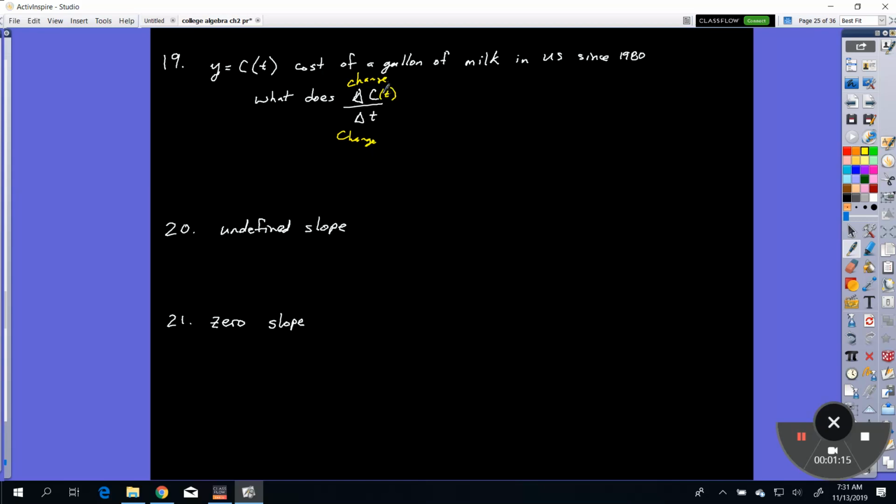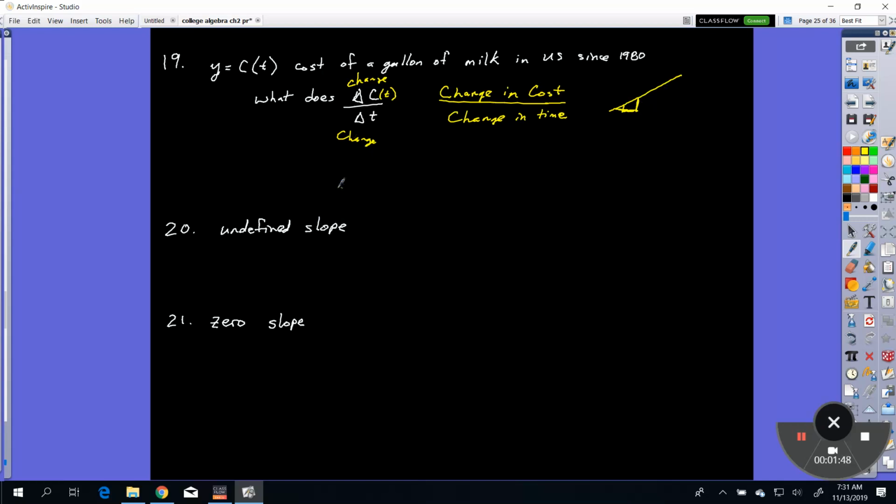So this is the change in cost over the change in time. Basically we'll be able to see if there is a change in cost. Does the cost go up as time goes up?